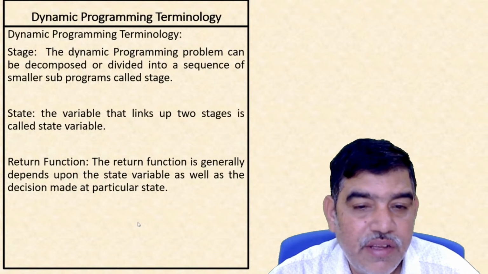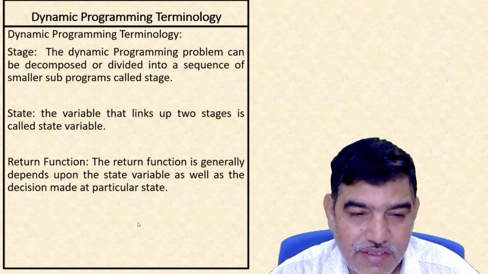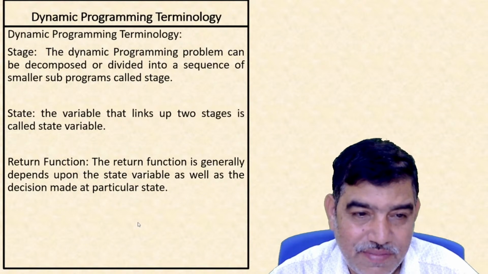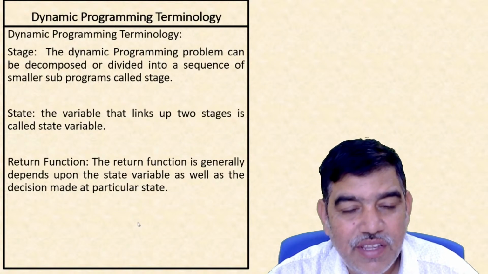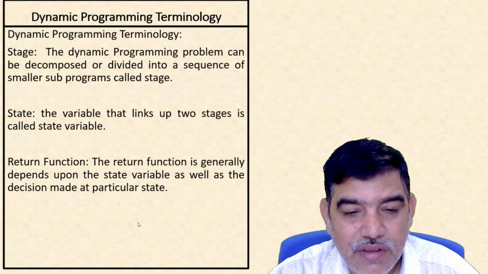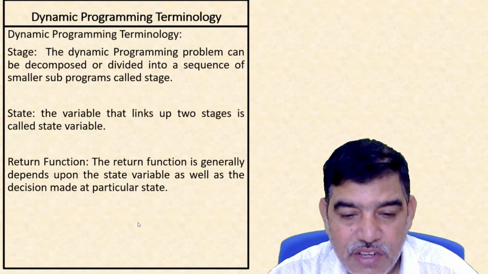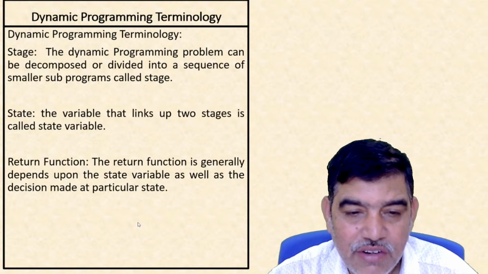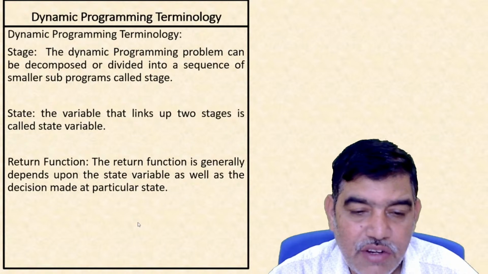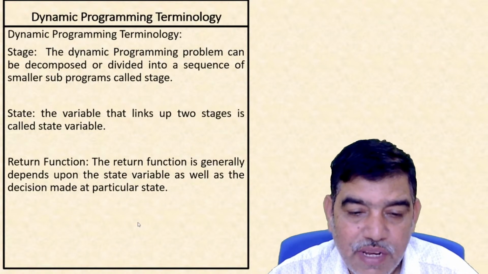A small example: consider the shortest path between two cities. Suppose there are two cities, one is A, another is B, and a salesman travels from city A to city B. But other places are there.